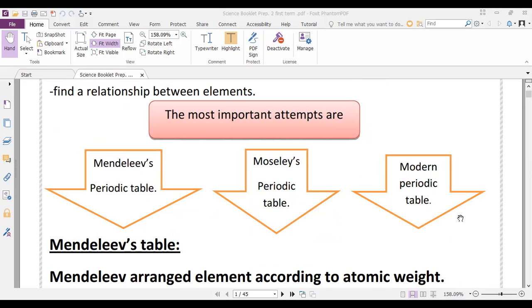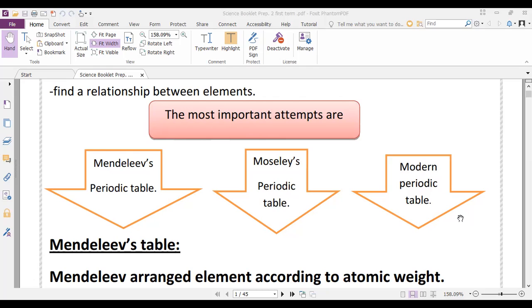So when scientists tried to classify the elements in a table, there was more than one step. First step is called Mendeleev's periodic table. Second step is called Moseley's periodic table. And third step is called the modern periodic table. Okay, so one by one.